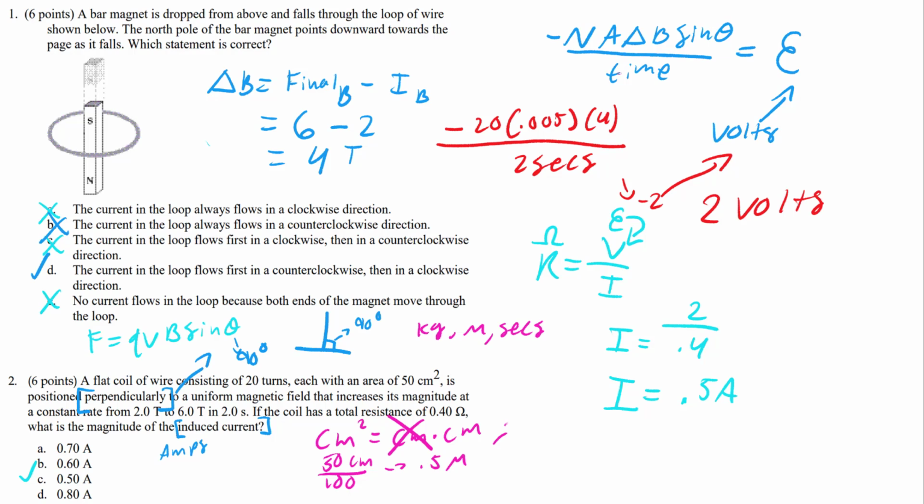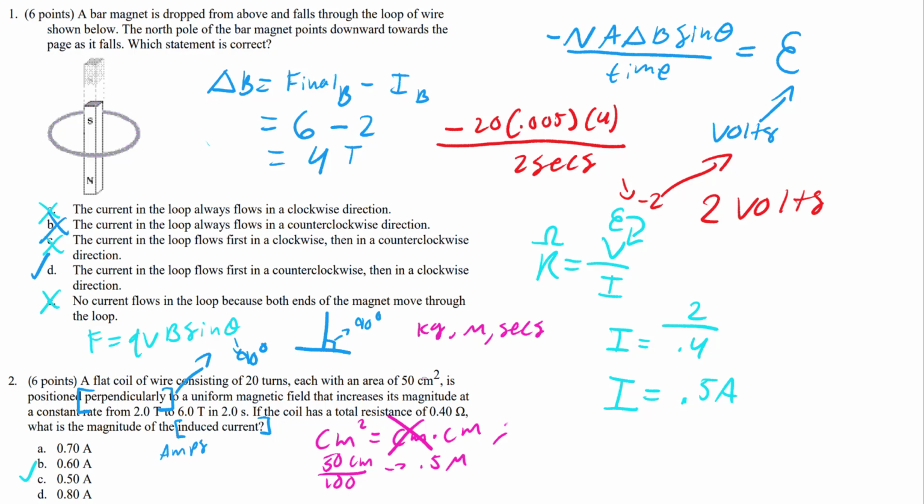After that, you can use Ohm's law, which says that the resistance is equal to the voltage divided by the current. The voltage is just another way to say EMF, right? We're going to be doing a lot of that in this practice exam, and you could just do some simple algebra to figure out what I is. But realize that whenever you have 50 centimeters squared, you're going to have to divide 50 by 100 2 times.